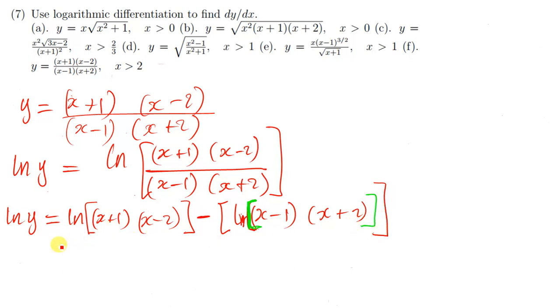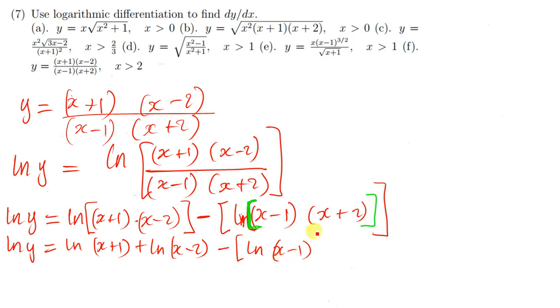So we can now simplify this further. We have ln y on this side is equal to, while there is multiplication we add, so we have ln x plus 1 plus ln x minus 2, so minus, open the brackets, and then we have ln x minus 1, while there is multiplication we add, we say plus ln x plus 2.